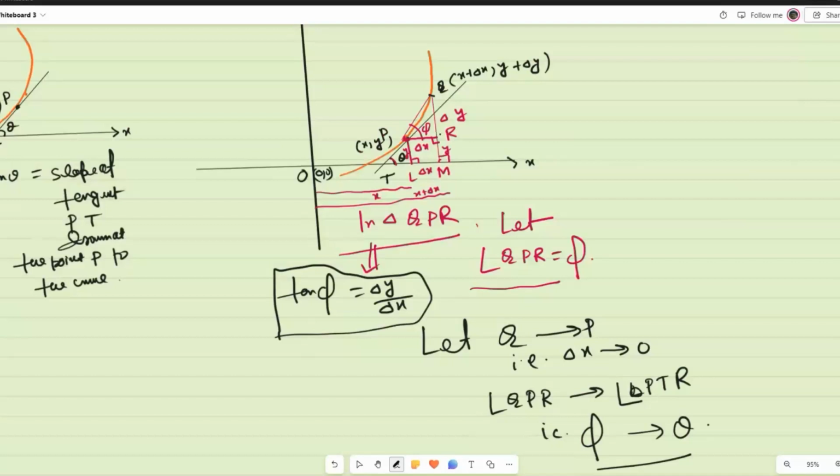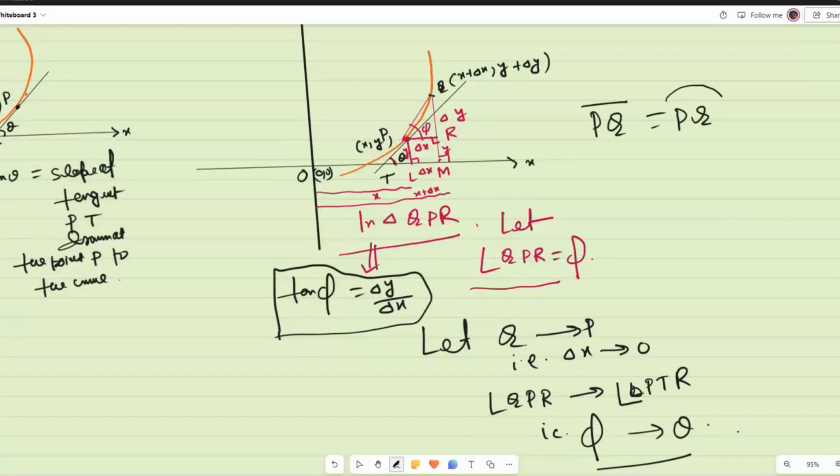See, now if Q is tending to P, then PQ is gradually getting inclined to the tangent PT. When Q is very, very close, this chord PQ and arc PQ have no difference, isn't it? Chord PQ coincides with arc PQ.